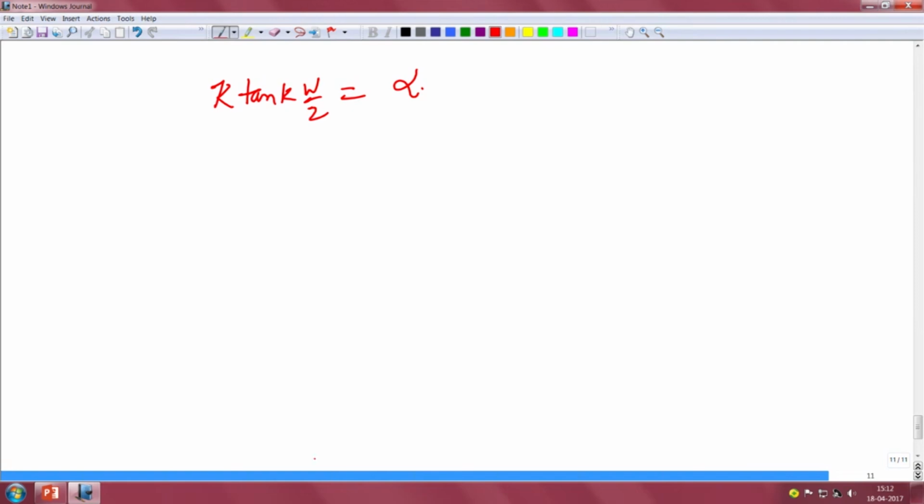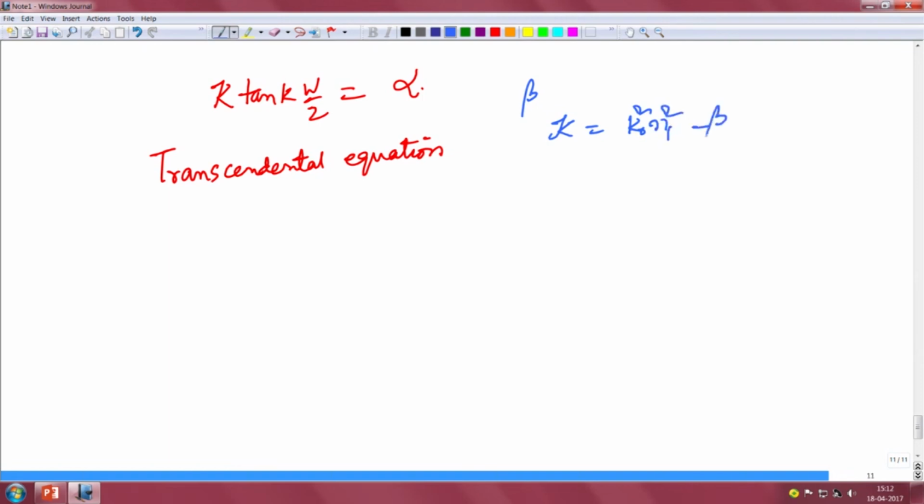So, this equation is a transcendental equation, where the required constant beta is inside k, k0 square n1 square minus beta square, and alpha, beta square minus k0 square n2 square.